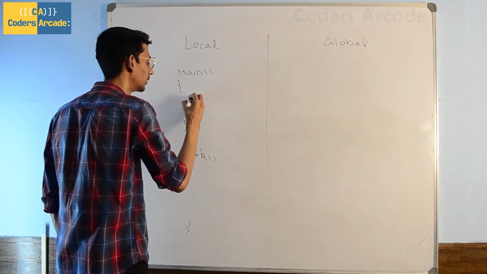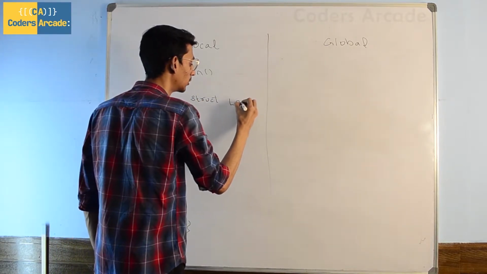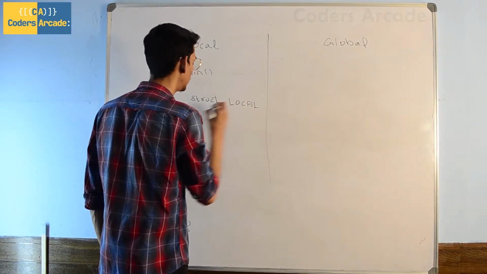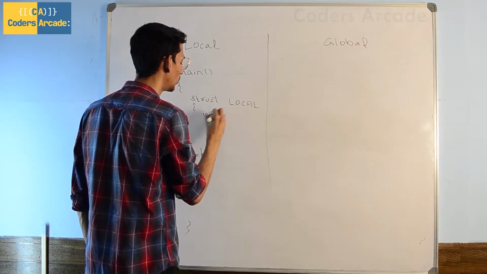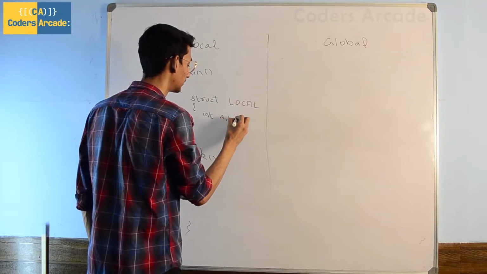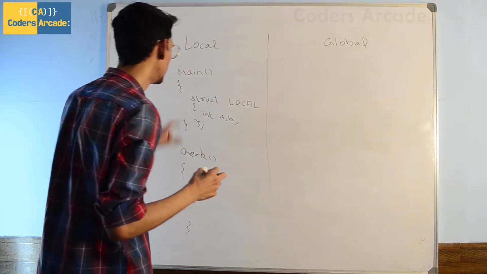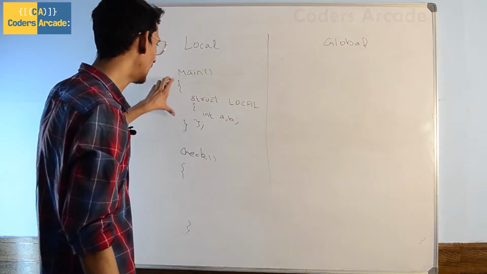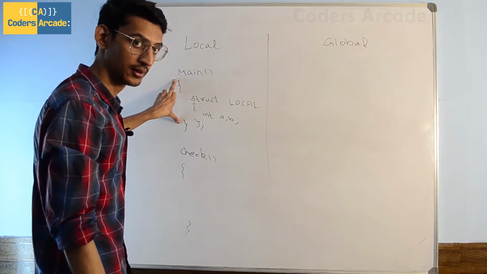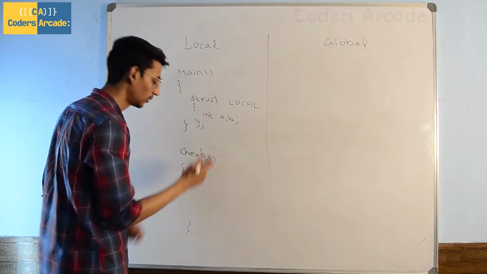So if we create a structure inside our main function, and let's give only 2 variables, int A and B. This structure we have defined inside a function or a method. So it can't be accessed outside this function.